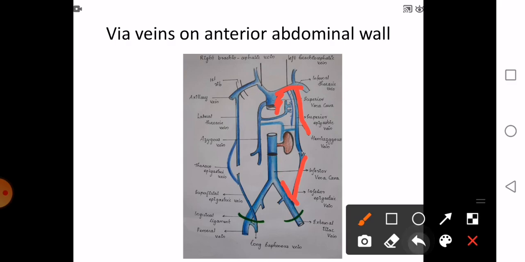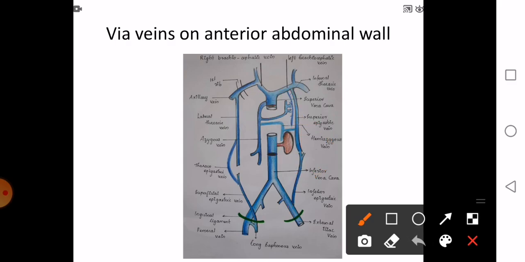So we need to establish continuity between the superior epigastric and the inferior epigastric vessel. So blood will flow from the inferior epigastric into the superior epigastric, brachiocephalic, superior vena cava and the heart.